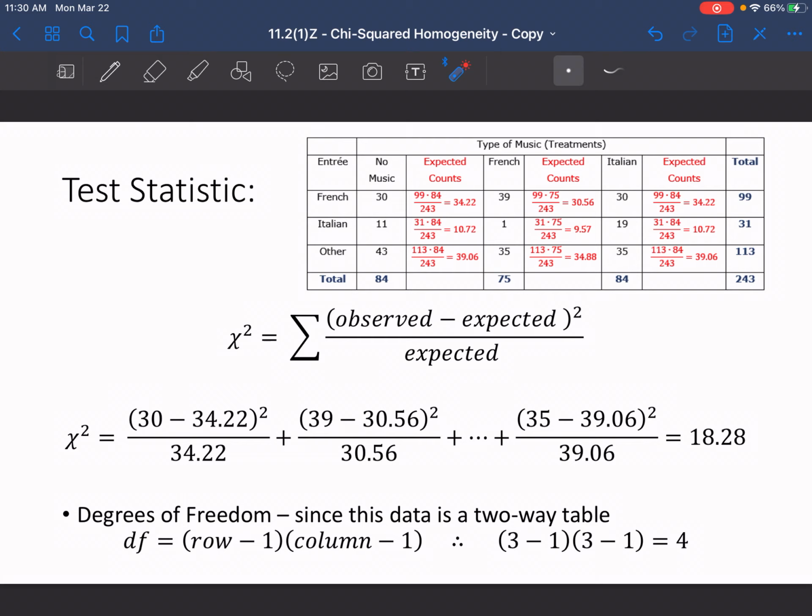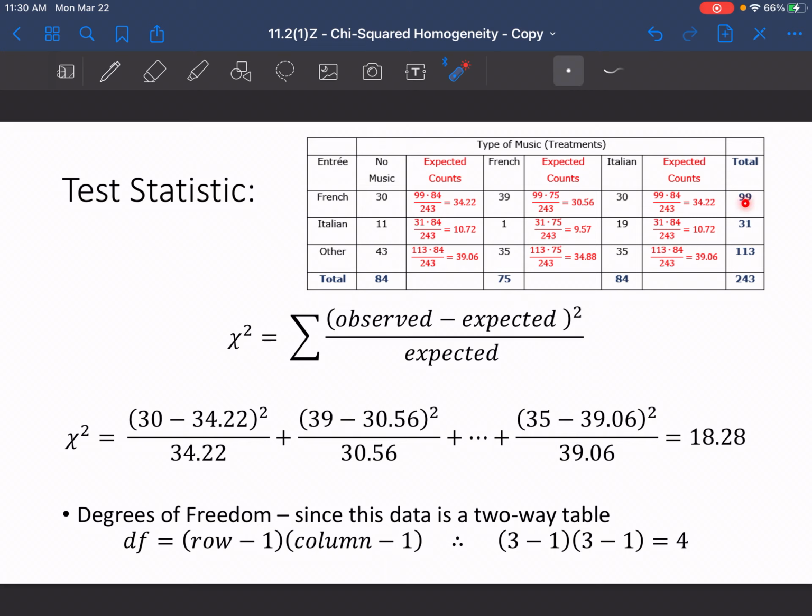Then we would add 39 minus 30.56 squared divided by 30.56, plus 30 minus 34.22 squared divided by 34.22, so on and so forth until we get to the end, and that would give us a chi-squared statistic of 18.28. If we wanted to find our degrees of freedom, or if we're asked to find our degrees of freedom, since the data is a two-way table, it's going to be row minus 1 times column minus 1.